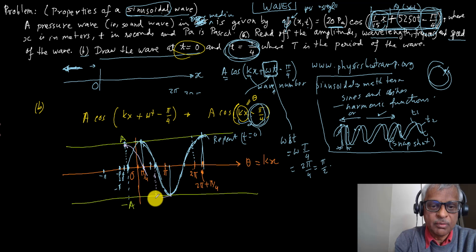So it will go through 0 here, then over there, and then through here.